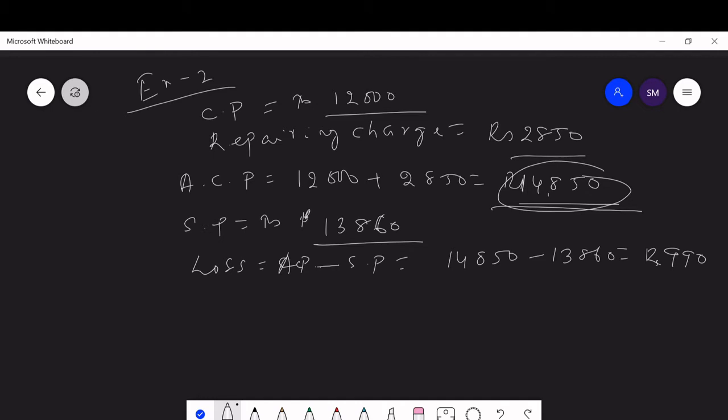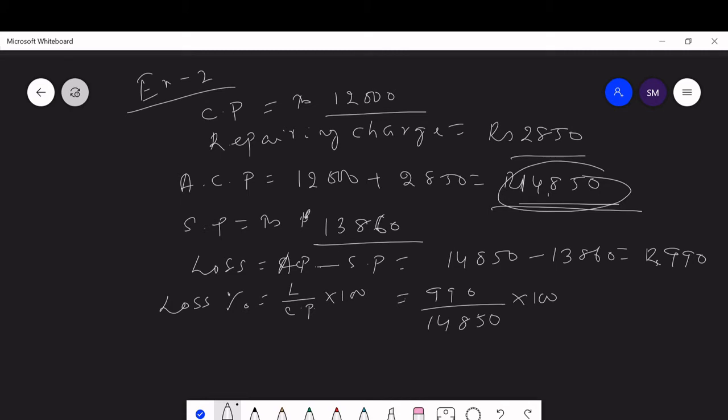Then here we have to find out the loss percentage. Loss percentage is equal to loss amount upon CP into 100. Here the loss amount is 990 upon CP, the actual cost price, is 14,850, into 100.